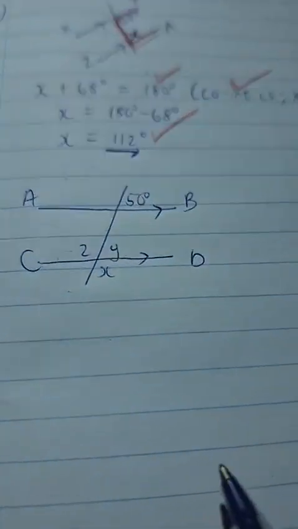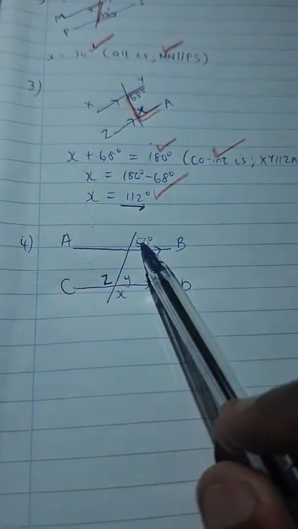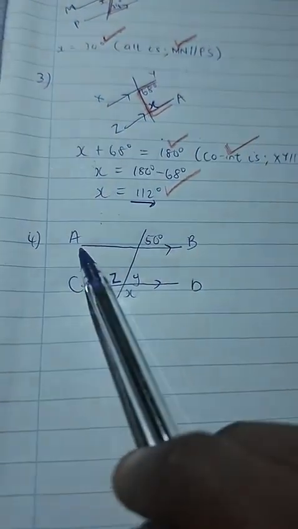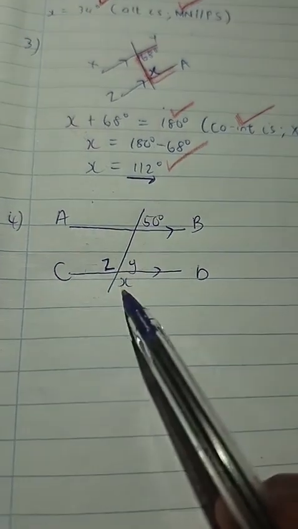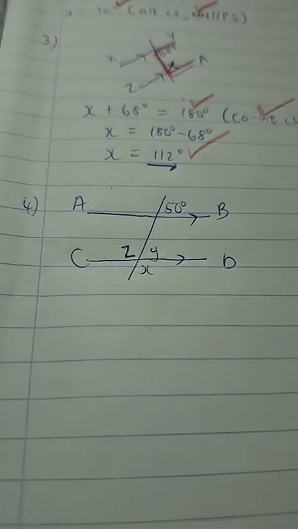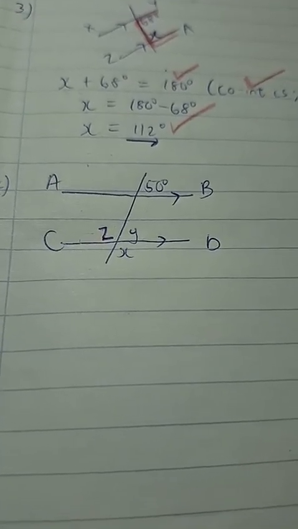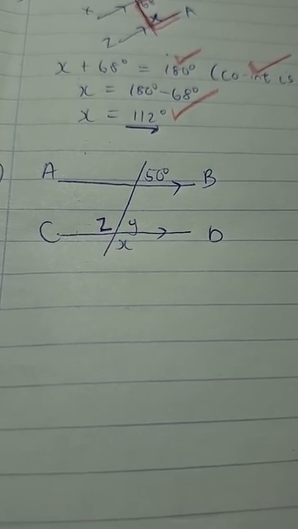Here's another one. This time round, you are being asked to find the value of x, y, and z. You've been given that angle 50 degrees, that's AB, that's CD, and you are being asked to find x, y, and z. Right? So, anyone in the comment section, guys, you are more than welcome to guest request.